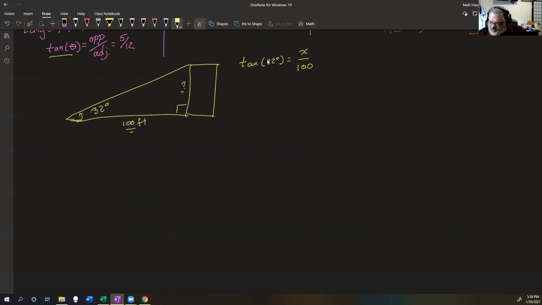All we need is a tool that tells us what the tangent of 32 degrees is. Well, you have such a tool. You got a calculator with you? Yes. Ask your calculator what the tangent of 32 degrees is.